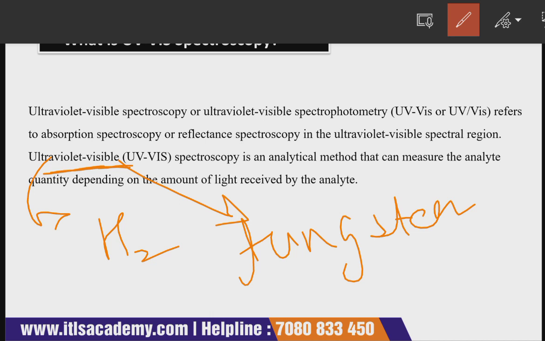Both are used as light sources, and the method is used to measure the analyte quantity. The quantity of analyte directly depends upon the amount of light received by the analyte.